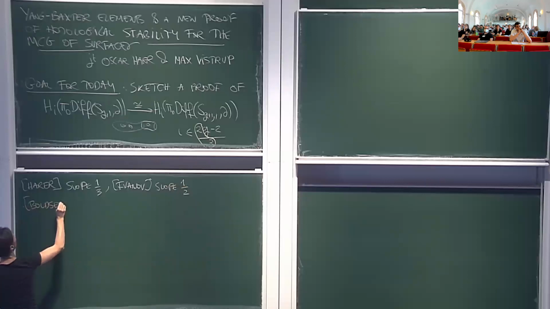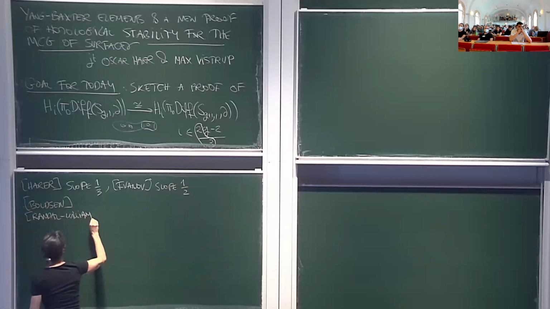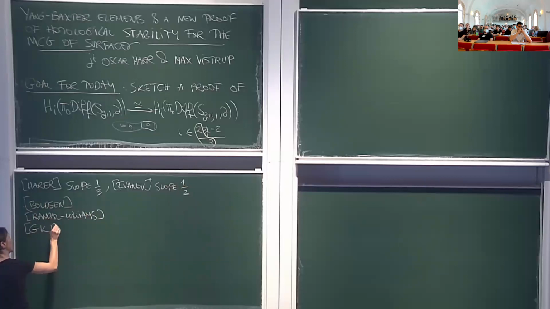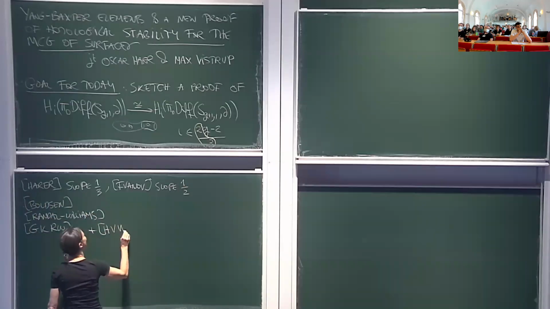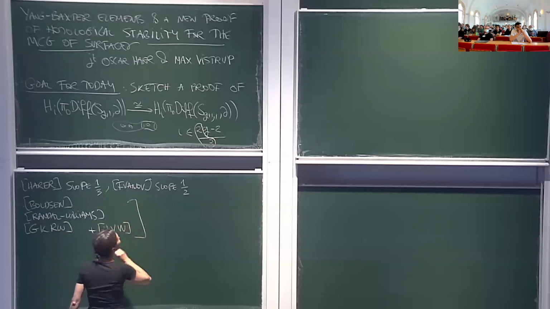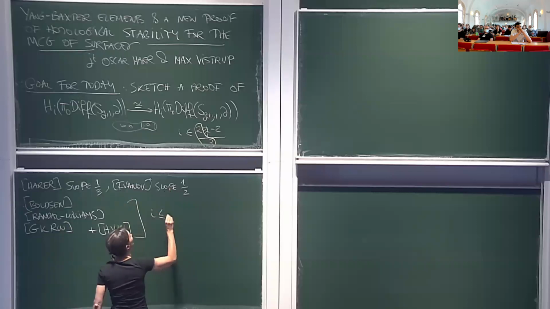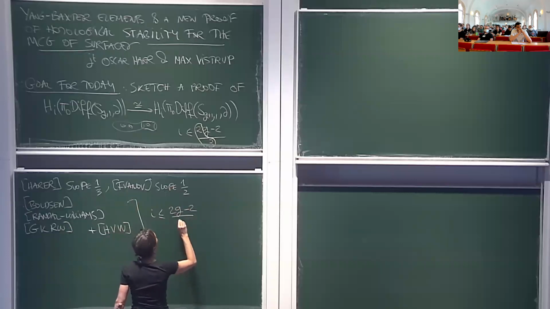Boldsen, and roughly at the same time, Randal-Williams, with different proofs, and then more recently Galatius, Kupers, Randal-Williams, and then I'm going to add one more proof to this. So Hepworth, Wahl... Harer, Vistrup, and myself prove exactly this same bound, 2g minus 2 over 3 for the isomorphism, with rather different proofs.